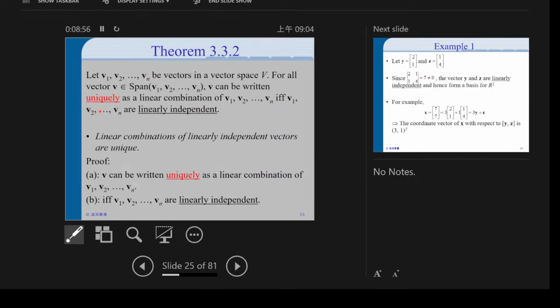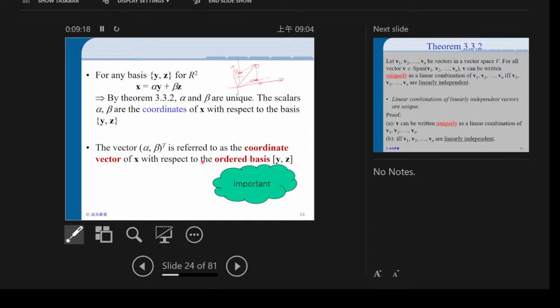Back in 3.3, we didn't actually have the idea of a basis yet, so this theorem is talking about linear independence. Whenever your vectors are linearly independent, then anything inside your span can be written as a unique linear combination.